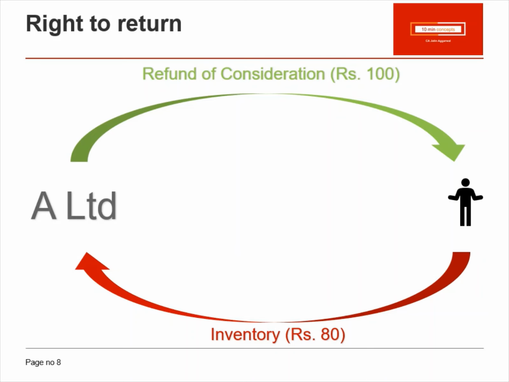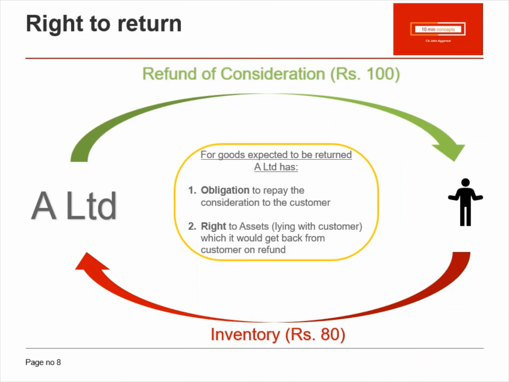In fact, if you look at the substance, this one unit actually represents obligation on the company to refund the consideration received against this unit, and also represents company's right to receive its inventory back on settlement, right?